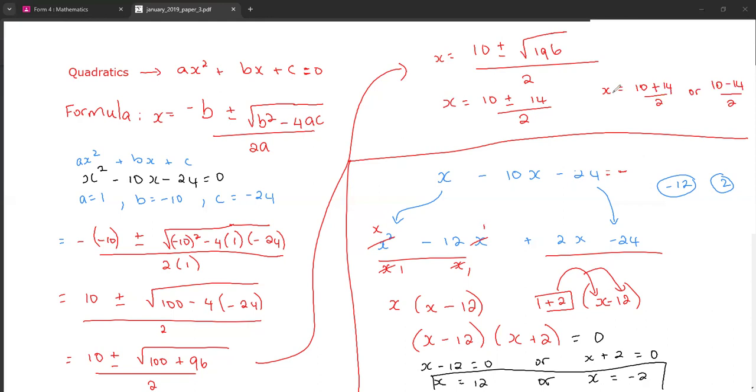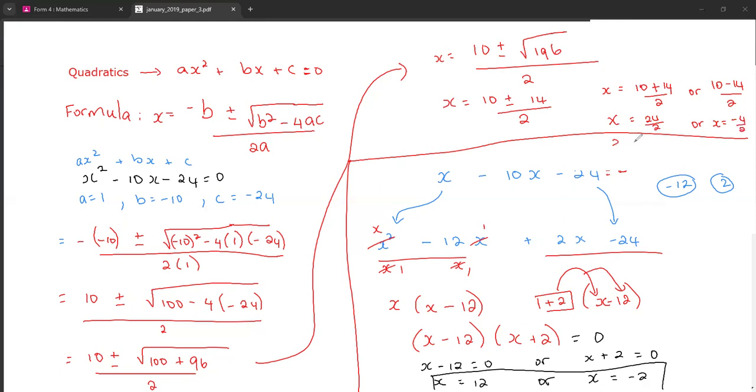So 10 plus 14, that's 24, sorry, over 2, or 10 minus 14, which is negative 4 over 2.